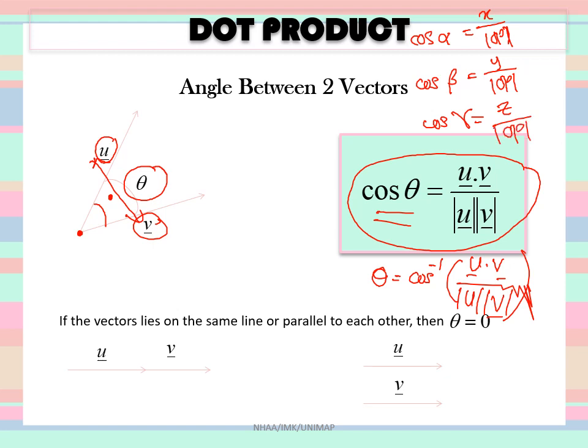They still use the same concept, where you take the value of your x, your y, and your z, and then divide by the magnitude. Same concept that you apply here: you get a scalar from the dot product of u and v, and you divide by the multiplication of the magnitudes of vector u and vector v. Same concept used, but this one is called direction cosine, which is the angle that you find from a vector.